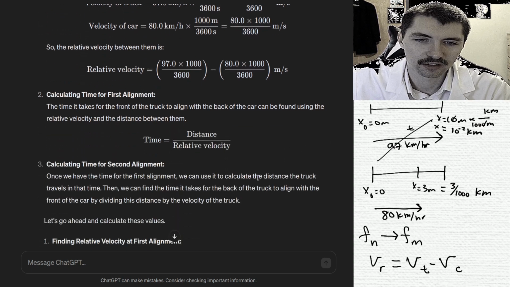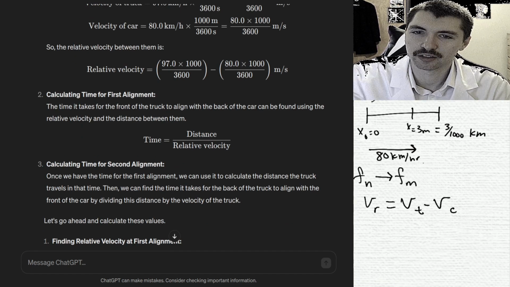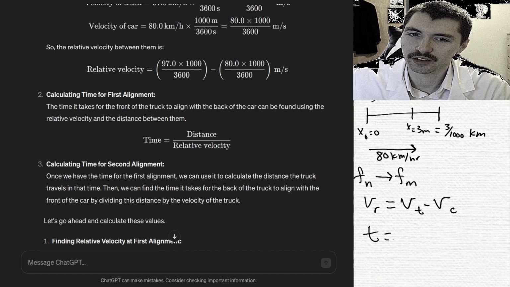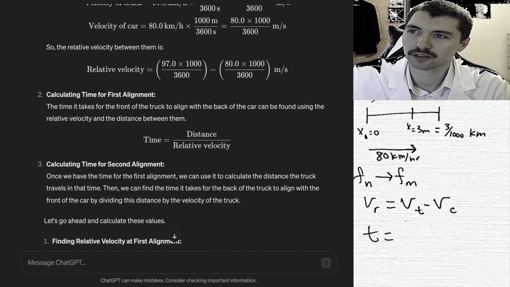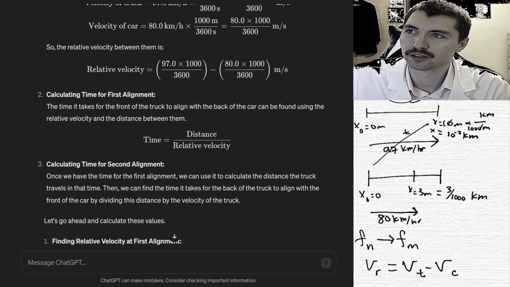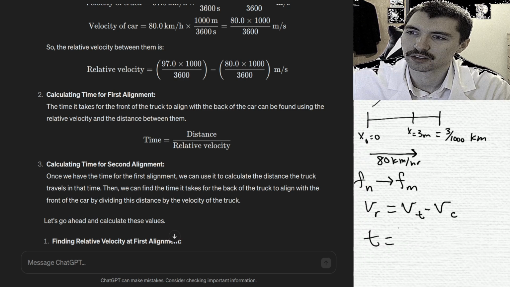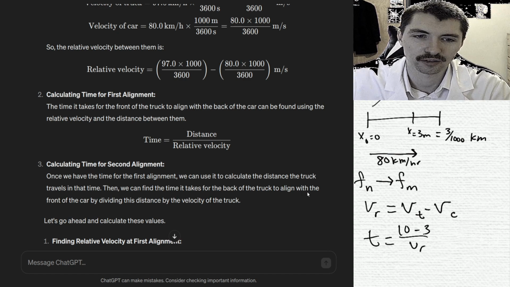And then you take first alignment, take t, it's going to be 10 minus 3 over VR, I'm guessing.